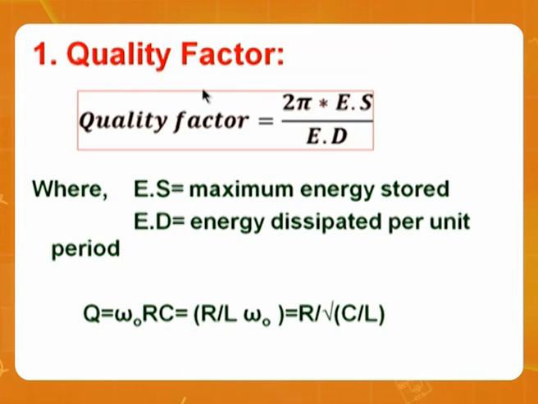Let's go to the quality factor as we started in series. The definition is the same, energy stored by energy dissipated. Then the difference there and here: that was 1 by omega CR, omega L by R. It is opposite here. Parallel and series are almost opposite.